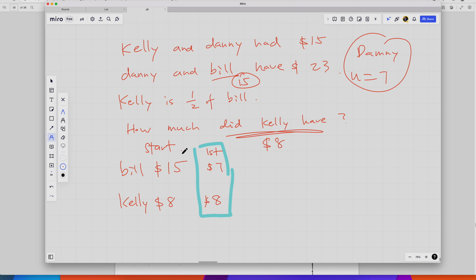What should you do? You should find out the difference at the start, which is 7, right? The difference is 7. And then one day Kelly can catch up how much?